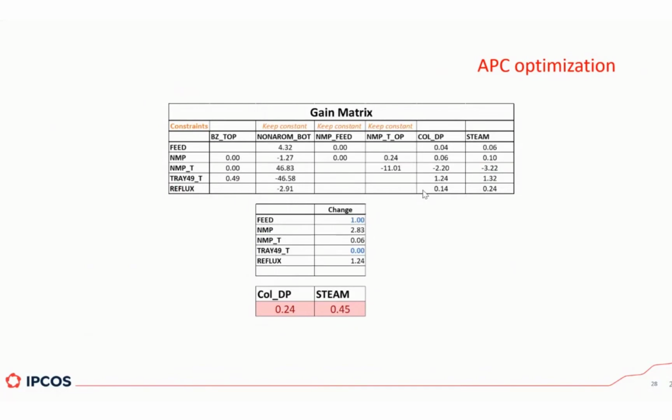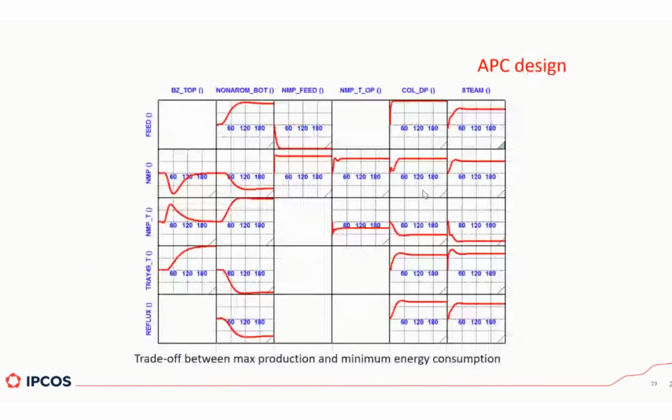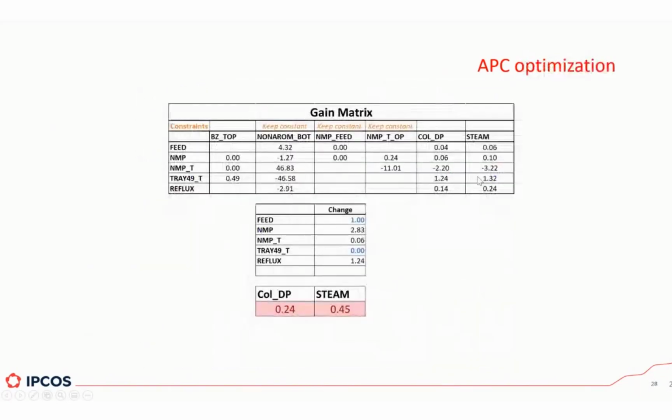So in this particular case, again, I took the process gains from what we identified originally. And with those process gains, you can make the calculation. So basically what I'm saying is, let's suppose you want to change your feed 1 unit, whatever it is.